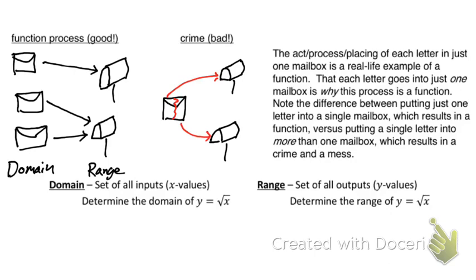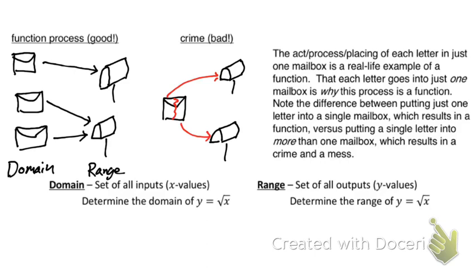Your domain is getting mapped to something in your range, just like a letter is being delivered to a mailbox. You cannot map something to 2 places. You have to tear it apart and put it in those 2 places. That's where it's no longer a function. So the function's good as long as I don't rip an envelope. I break it if I rip it in half.